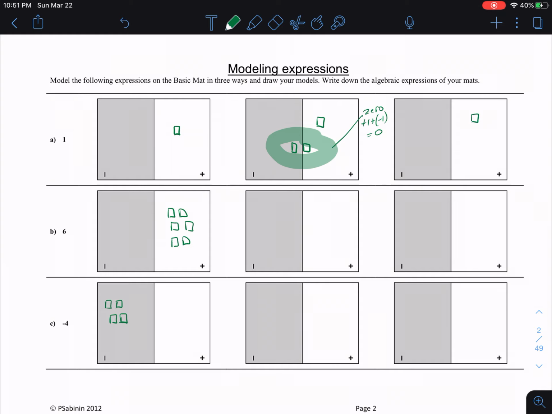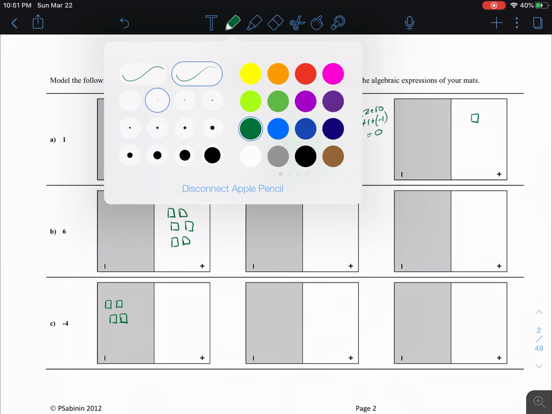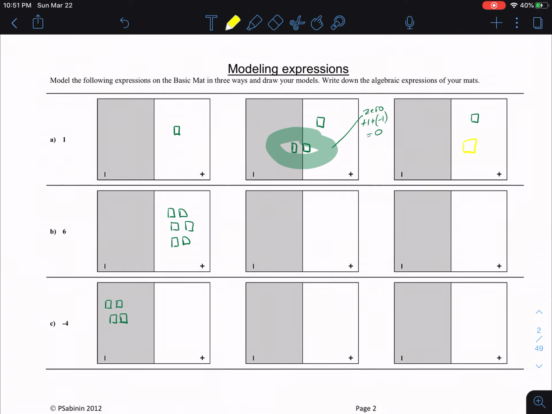And as long as we have the value of the mat as 1, we could actually add a whole bunch of other things to the mat if we really want to, as long as we're making them 0 pairs. And you notice that all of this is actually paired up. So it is a 0 pair and does not change the value of the mat. So you can go ahead and try to create different looking mats for the 6 and the -4.